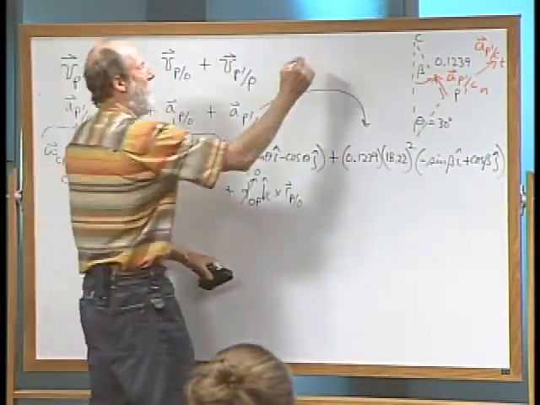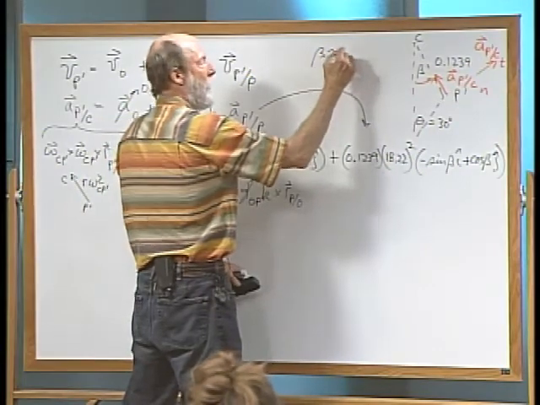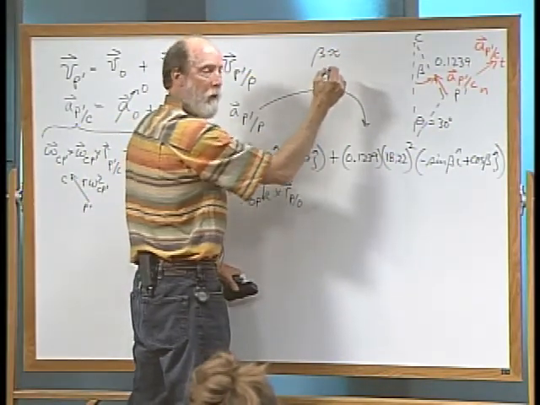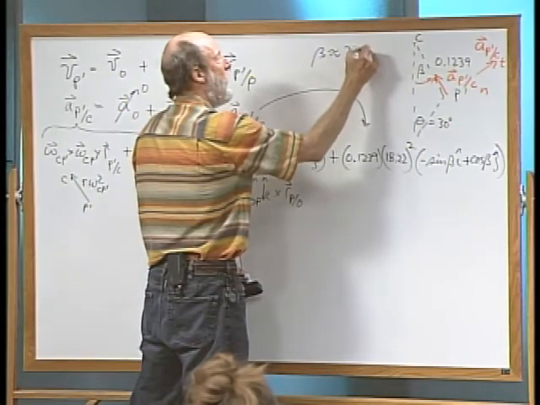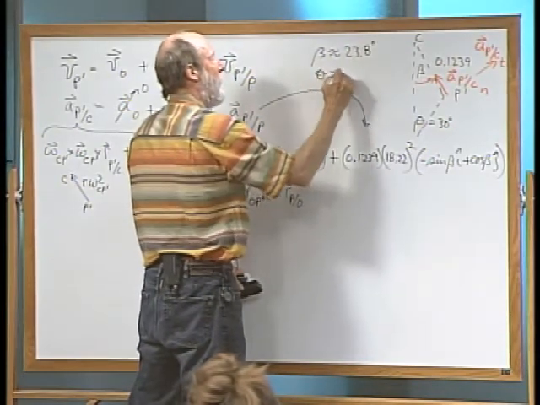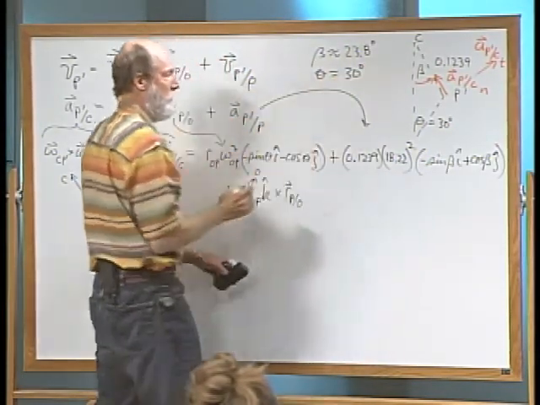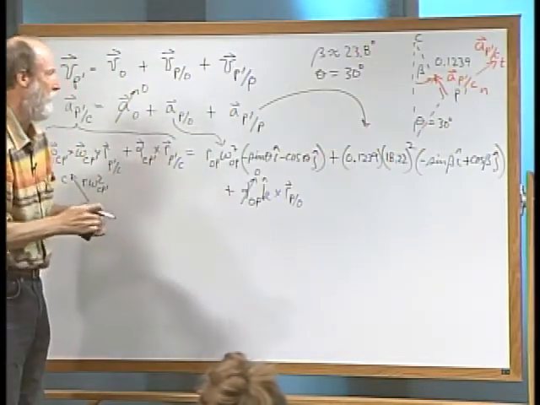While we're at it, our beta reading was about 23 degrees? 23.8. 23.8 degrees when theta was 30 degrees. Okay, so those numbers will get dropped in there.